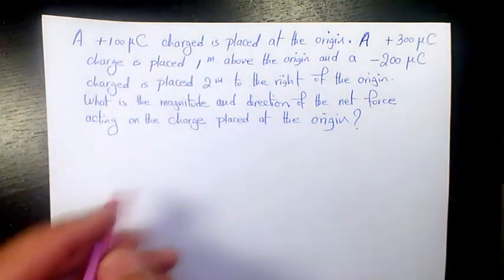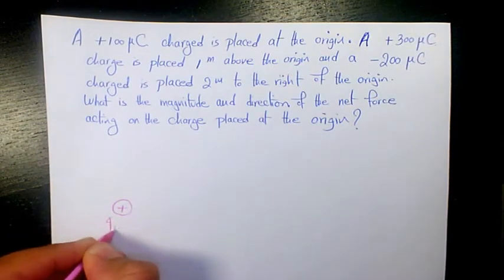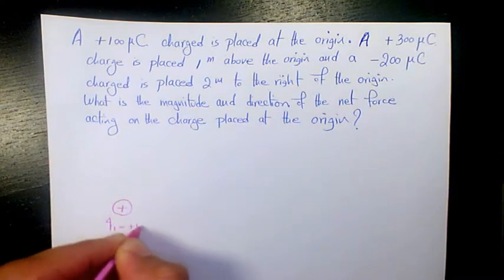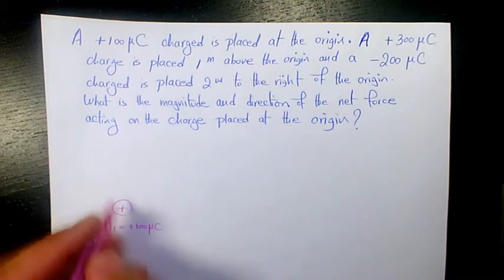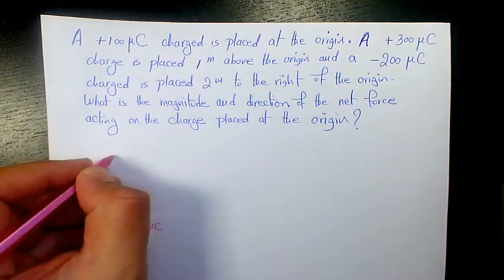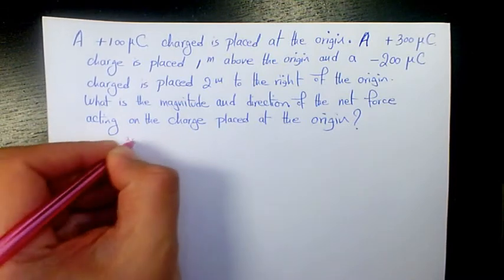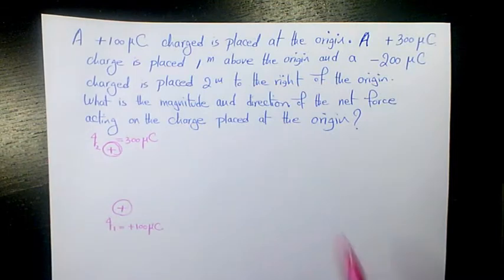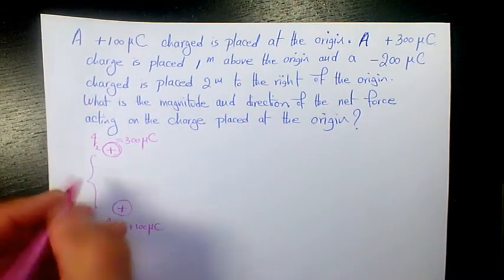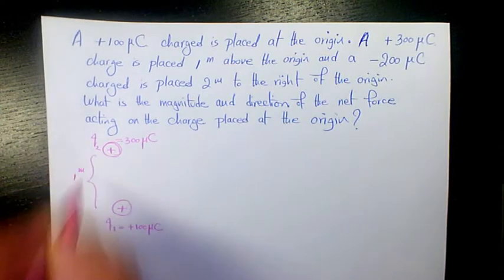So I can say the first one is positive right here. I'm going to call it Q1. That's plus 100 microcoulomb. And a positive 300 microcoulomb is here. I'm going to call it Q2. The distance is 1 meter.